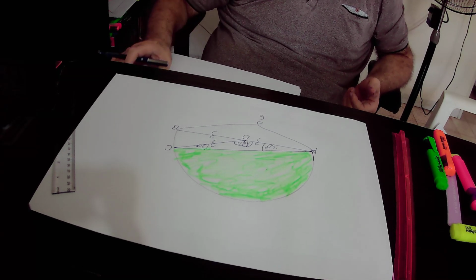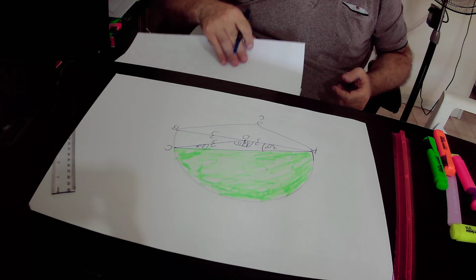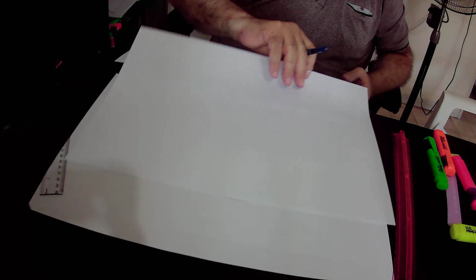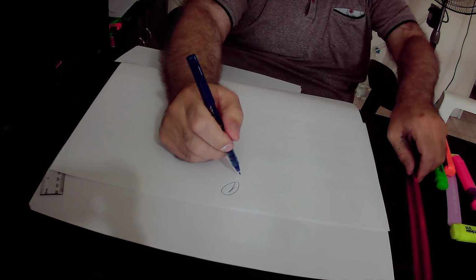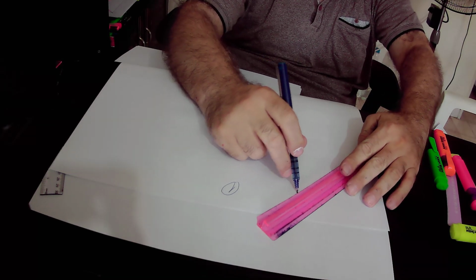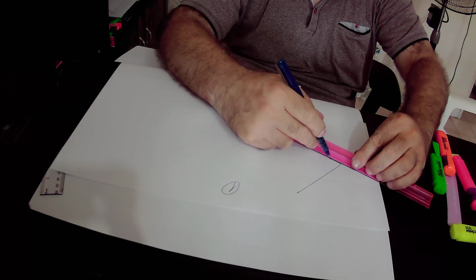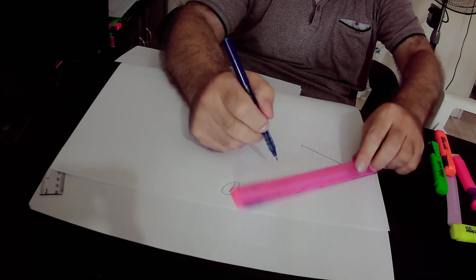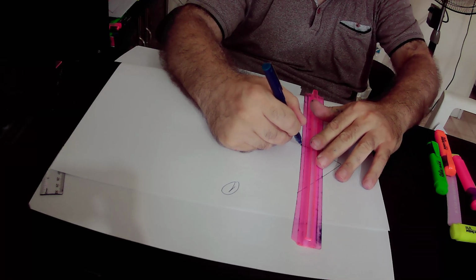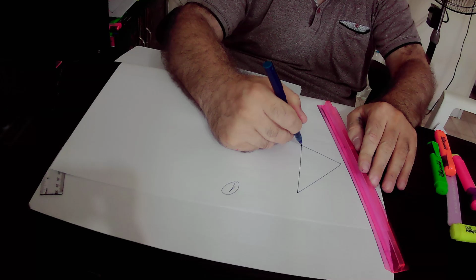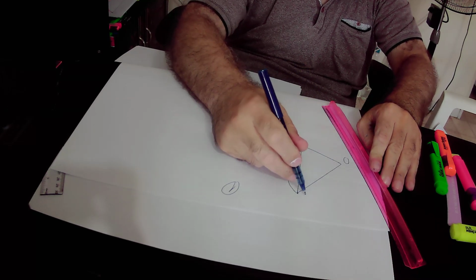What is the area of a sector? If we have here sector AOB, it could be any sector. This is sector OAB.